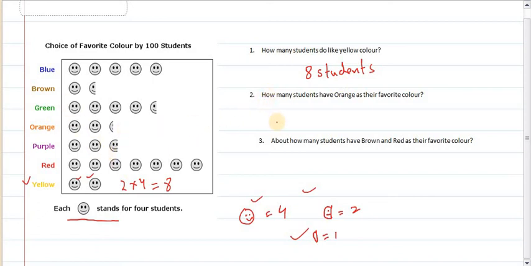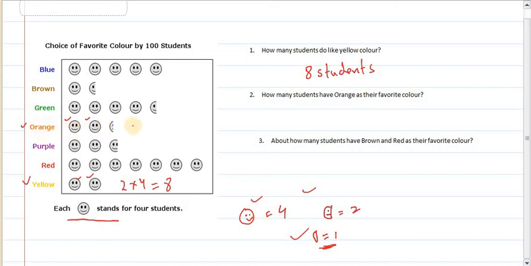The second question is asking how many students have orange as their favorite color. So here is the orange, and if we look at the orange, 1, 2. 2 complete and 1 quarter. 2 complete will make 8 and 1 quarter. We already decided that 1 quarter, on the basis of this key, is going to be equal to 1.